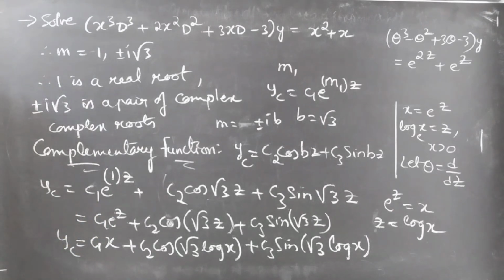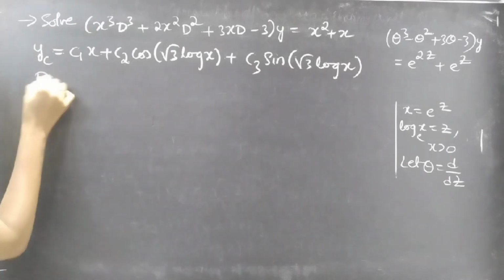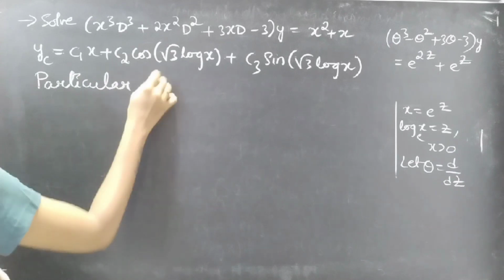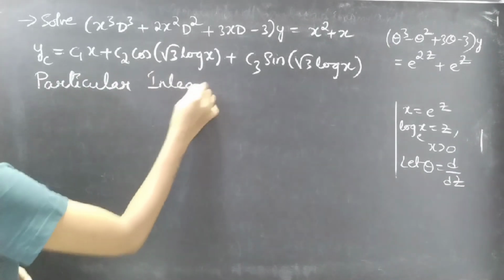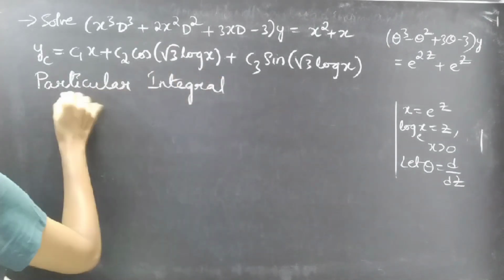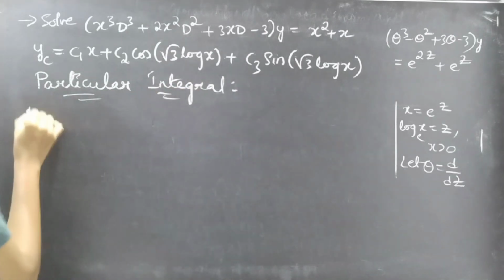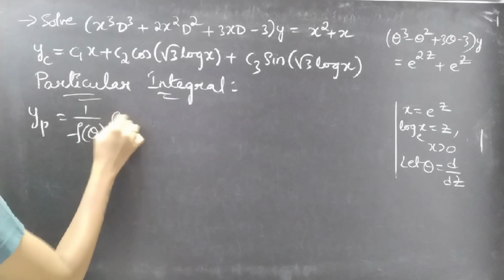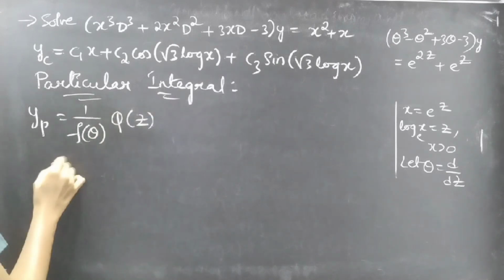Let's now find yp, the particular integral. We find the particular integral using 1 by f of theta into q of z.